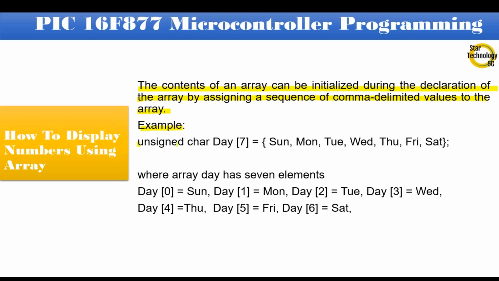Example: unsigned char day[7] = {Sunday, Monday, Tuesday, Wednesday, Thursday, Friday, Saturday}; where array day has 7 elements. day[0] equals Sunday, day[1] equals Monday, day[2] equals Tuesday, day[3] equals Wednesday, day[4] equals Thursday, day[5] equals Friday, day[6] equals Saturday.